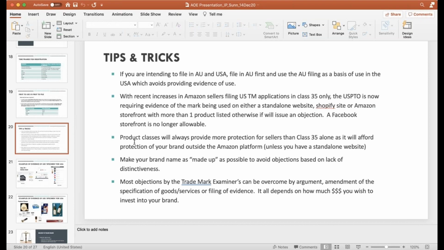So no matter how much cash you throw into that, it is basically a 99% chance that it's never going to be able to address the examiner's objection. On most other objections, however, depending on the amount of evidence you've got, so how long you've been selling or how much cash you want to put into it, you will be able to address it.